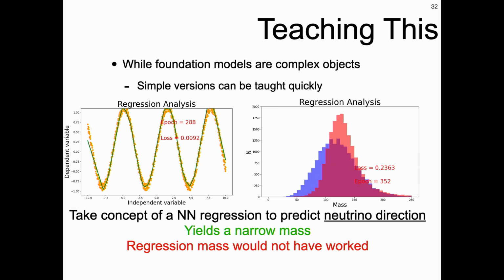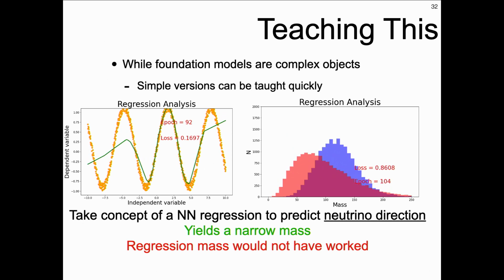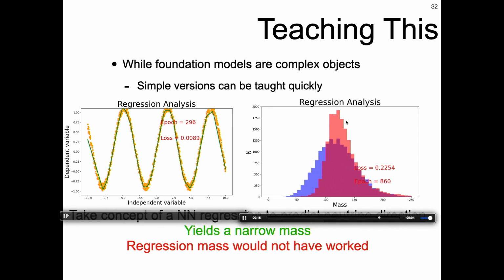You give a neural network, in this case, smeared sine data, and it will learn the functional form. And we can take the same neural network and apply it on the right. This is actually a Higgs boson. We have to tell it the right problem. So we tell it, look for the direction of the particles that we missed when we looked at this Higgs boson. And if you tell it to look for the direction of these particles, it will actually find them, and it will give you this nice narrow Higgs mass peak.